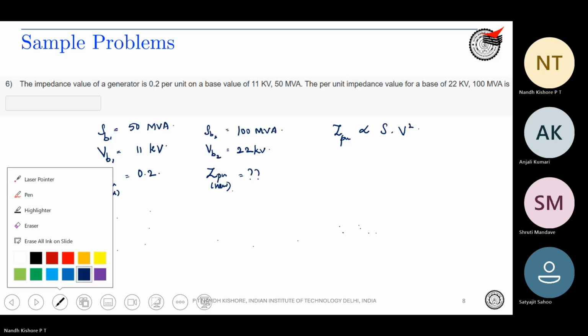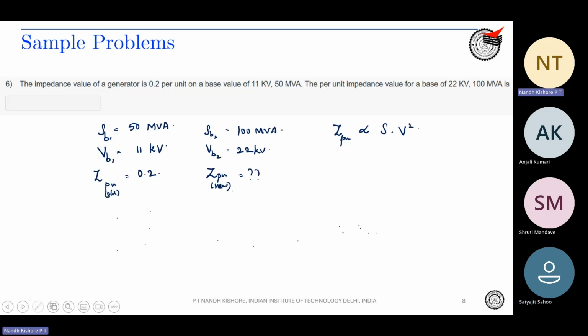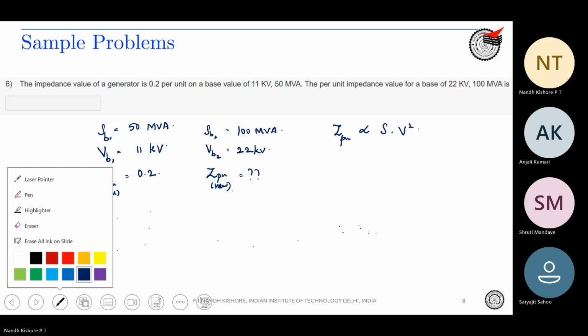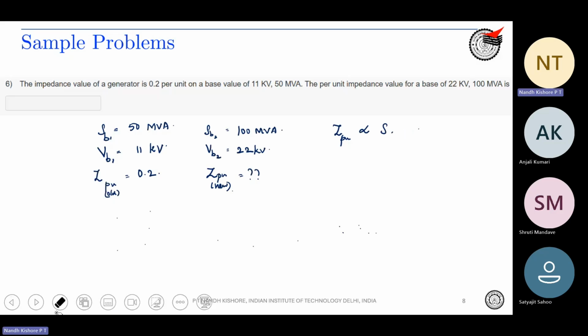It is inversely proportional, sir. Yes, divided by V square. Correct. Dimensionally also you can check it is inversely proportional. So ZPU is proportional to S by V square.